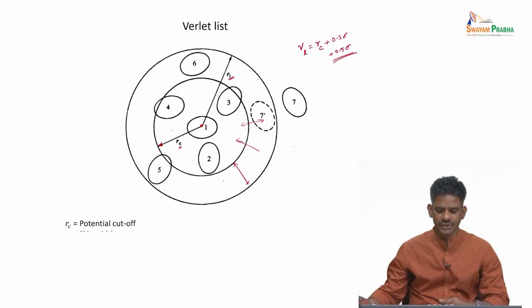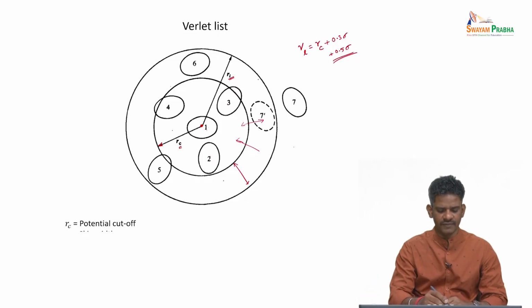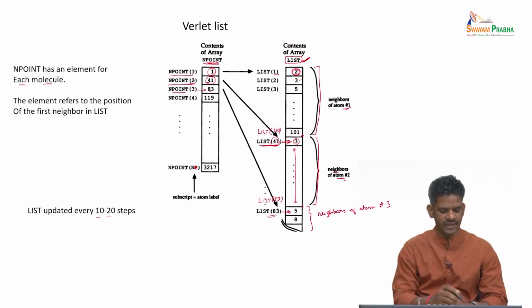In fact, what we can also do is automate the way that the list should be updated by looking at how much distance these molecules have actually moved over a period of time. So there is a way to automate this list, or sometimes we can also do it once in 10 or 20 steps.